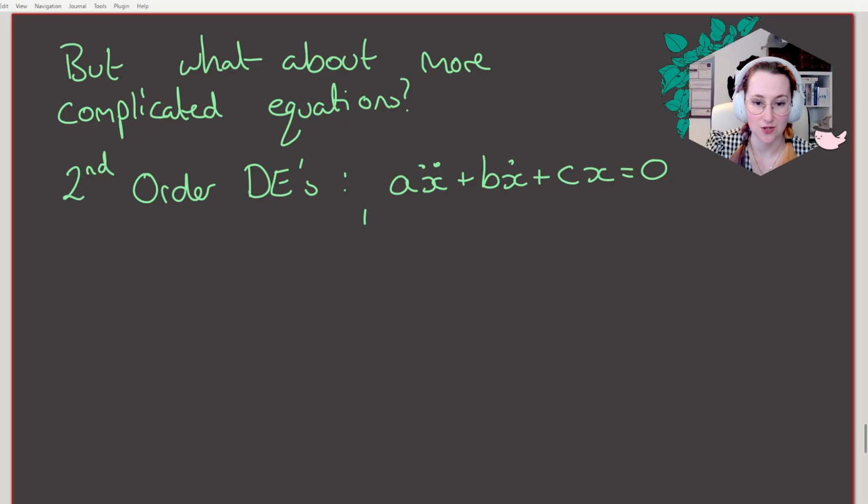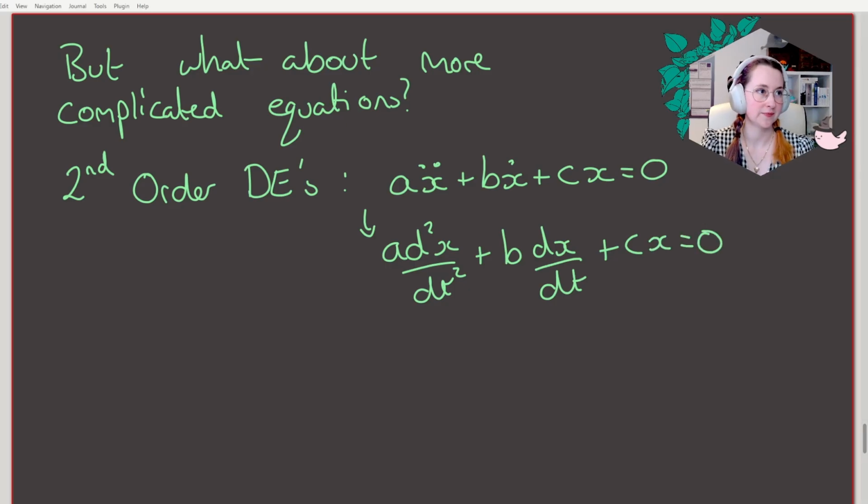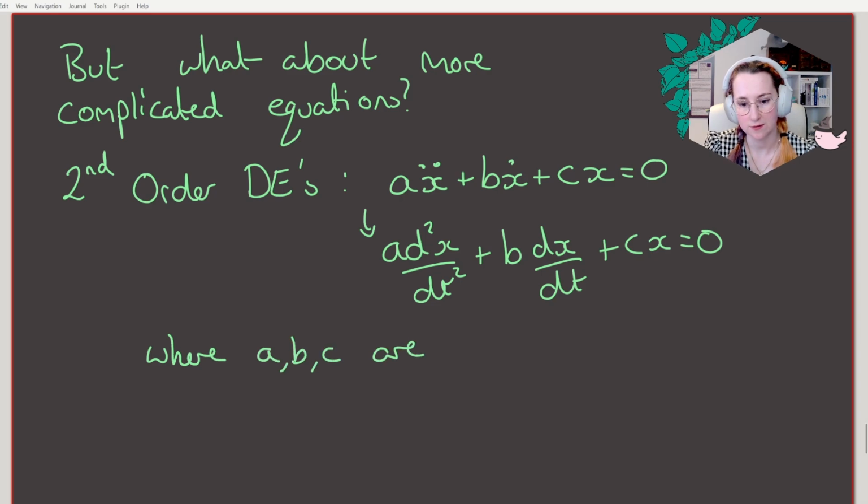So this, just to write it out in full, is a d2x dt squared plus b dx dt plus c of x equals 0, where a, b, c are all constants and x is x of t.